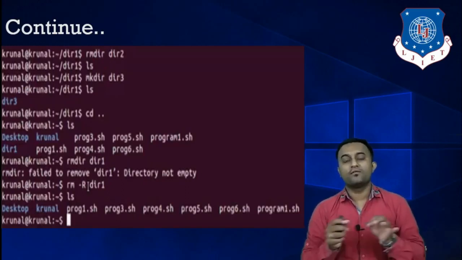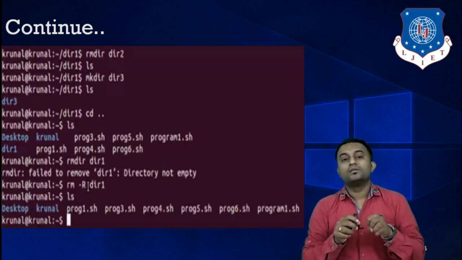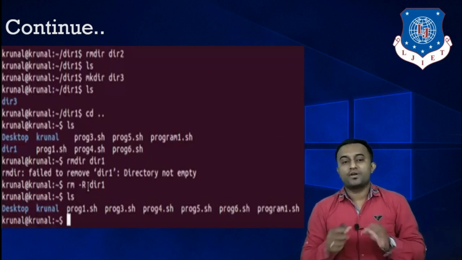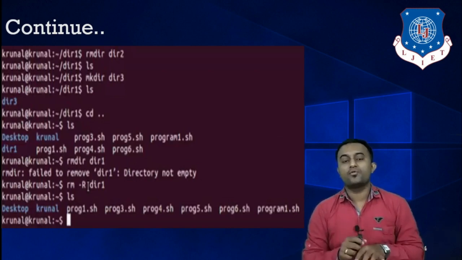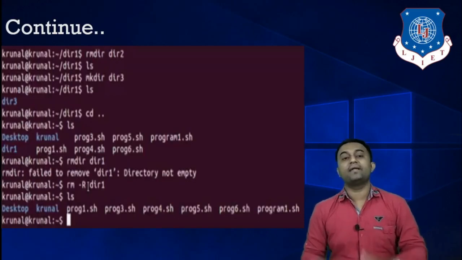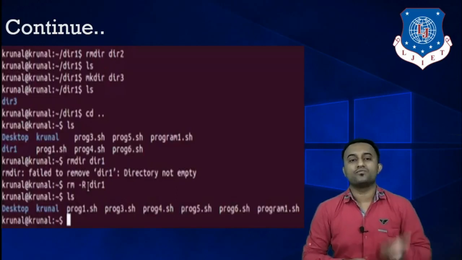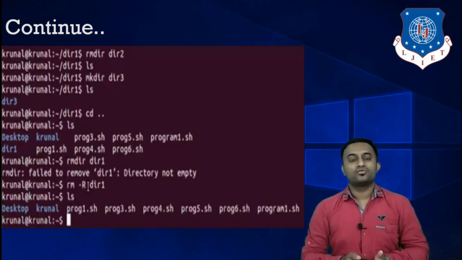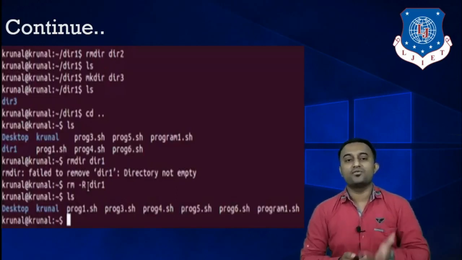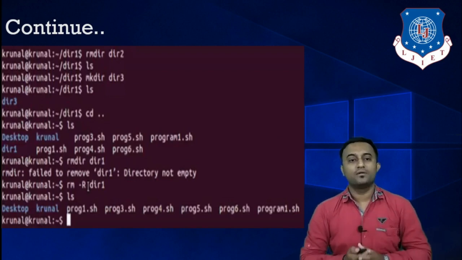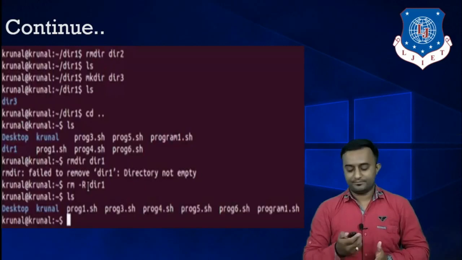So first it works on the content of the directory, meaning the removal is performed on the subdirectory first, and then the outer directory is removed. That's why it is called recursive. Fine. Now you can fire the ls command. You can see there is no dir1 present in this directory.